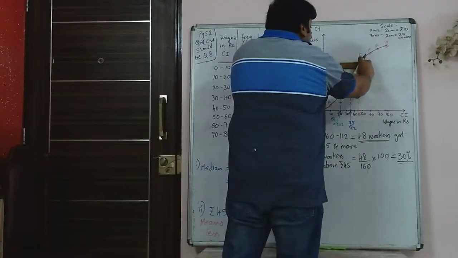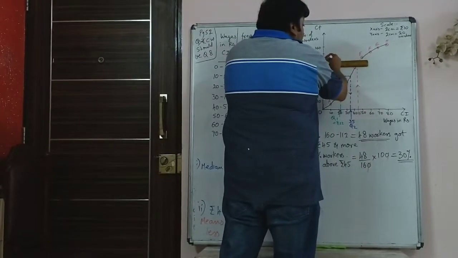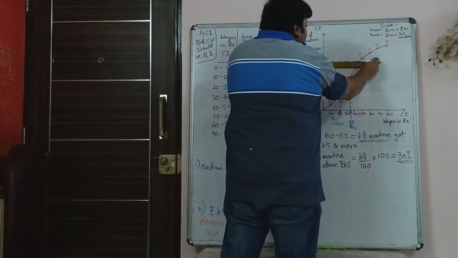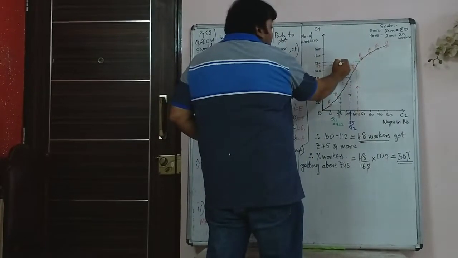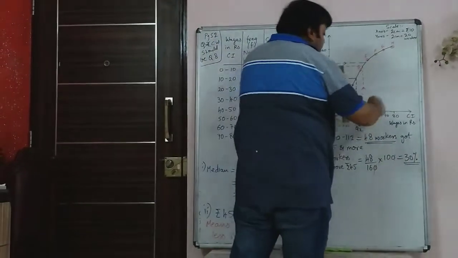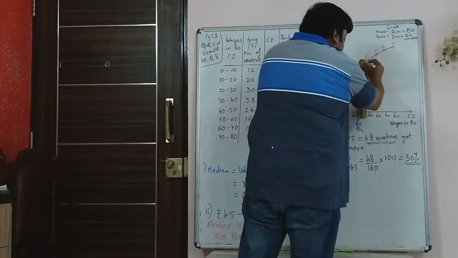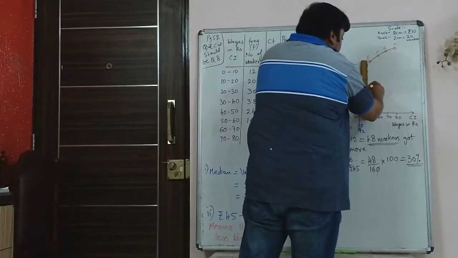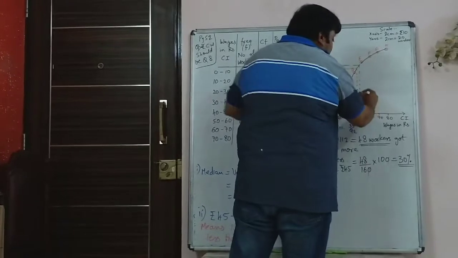So the 120th worker, so again worker is on the y-axis. Y-axis is giving the number of workers. So from 120, draw a line and mark the arrow. It is going towards the curve. And from there, draw a vertical line going down to the x-axis.